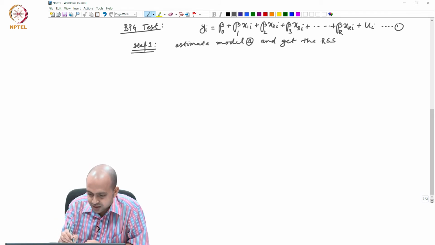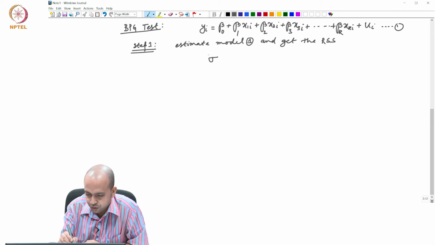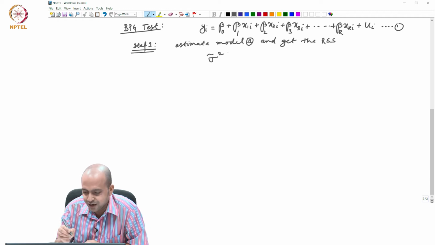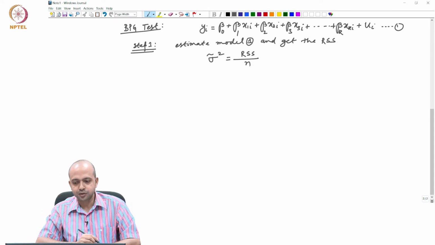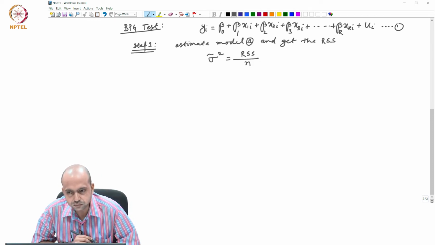And from RSS, they are asking you to calculate some kind of, let us say, sigma tilde square, which is basically nothing but RSS by n.